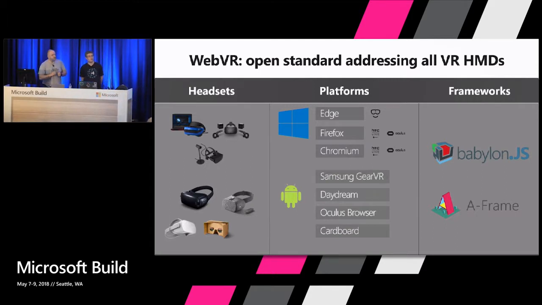So you're talking about devices, but we now need to talk about platforms. Today there are two main platforms that you can use to develop and address people with WebVR. The first one is Windows, with various different browsers like Microsoft Edge, which has out-of-the-box support for WebVR, like Firefox, which also has out-of-the-box support.